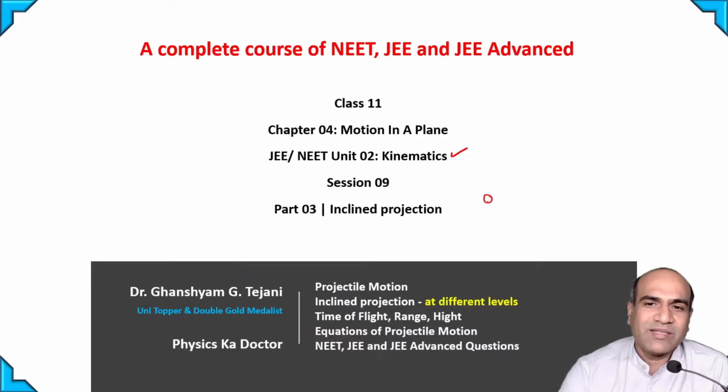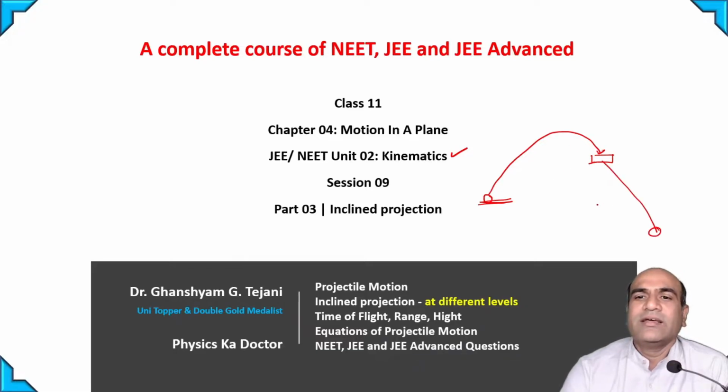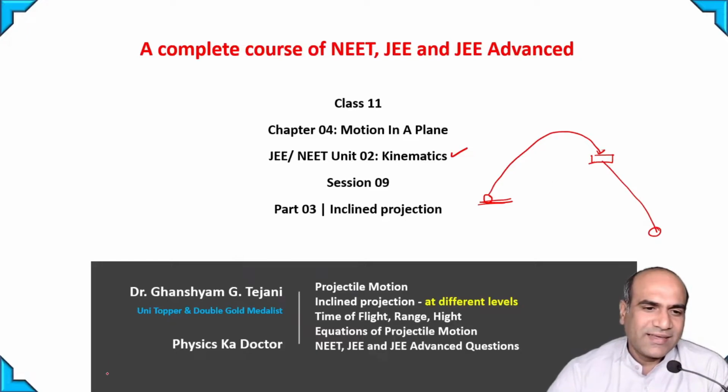Different level doesn't mean a level of difficulty. No, it is not like that. It is a level at two different heights. Maybe the object is projected at some horizontal position and it rests at some height, or maybe below the horizontal level. We are targeting this.